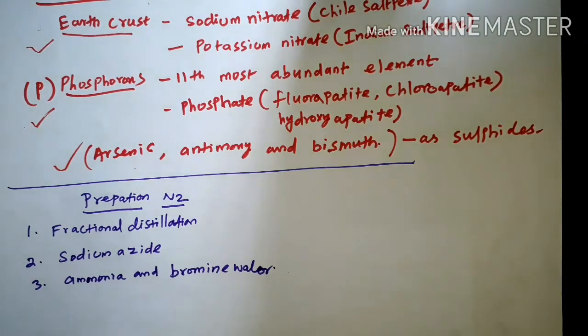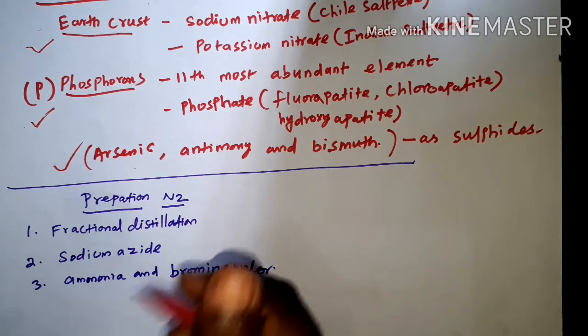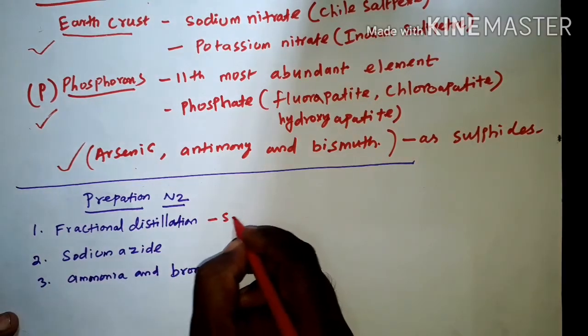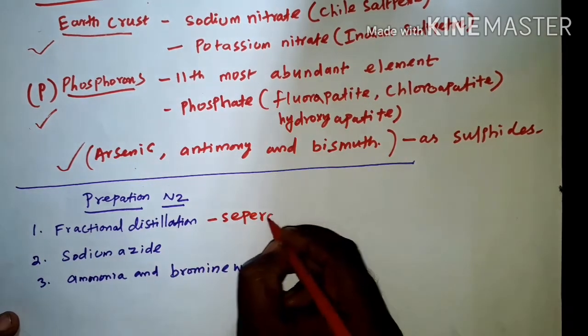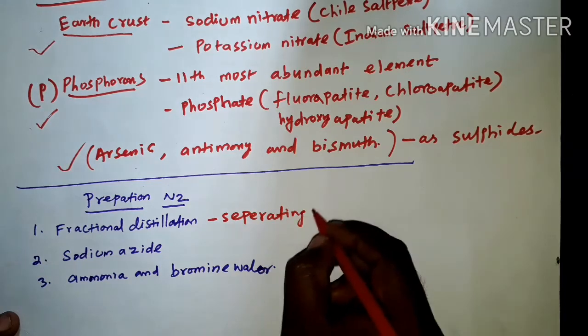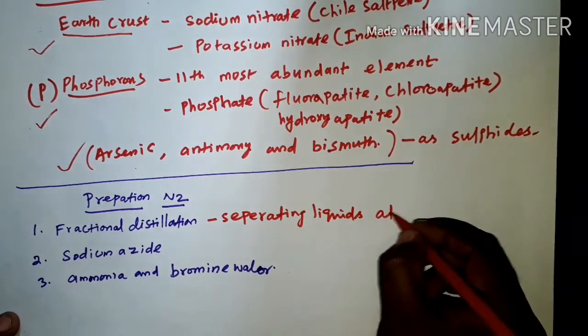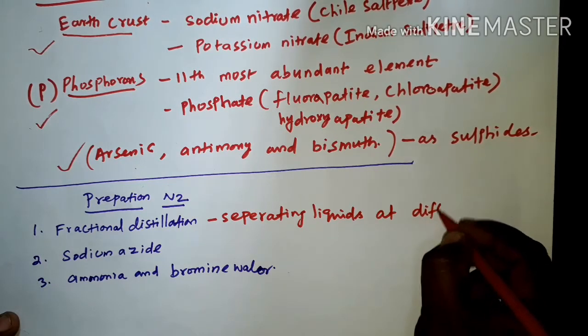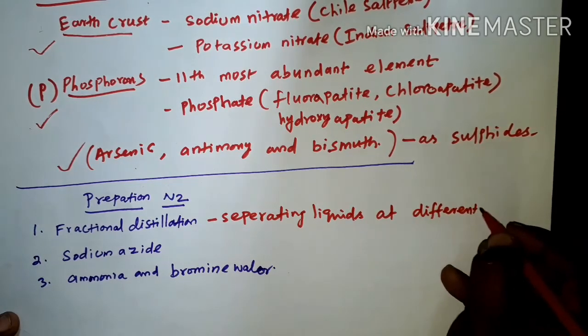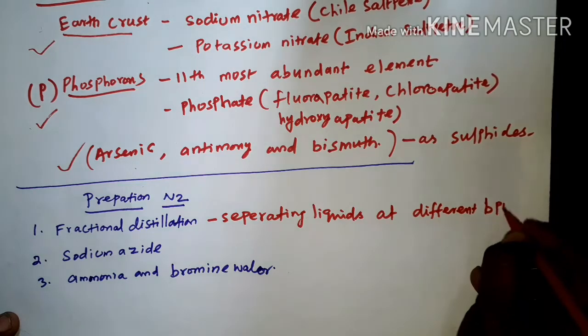First method, fractional distillation. You already studied fractional distillation in class 11. The meaning of fractional distillation is separating liquids of different boiling points.